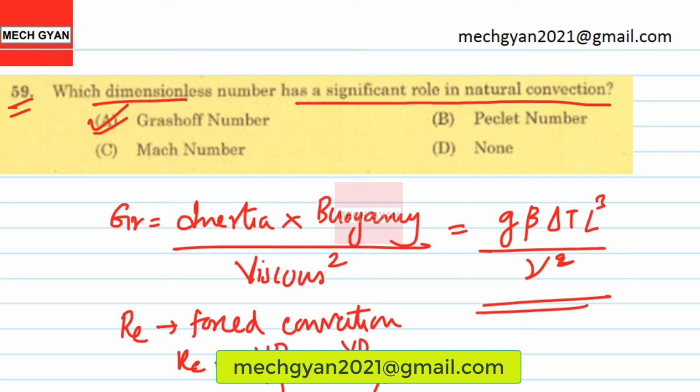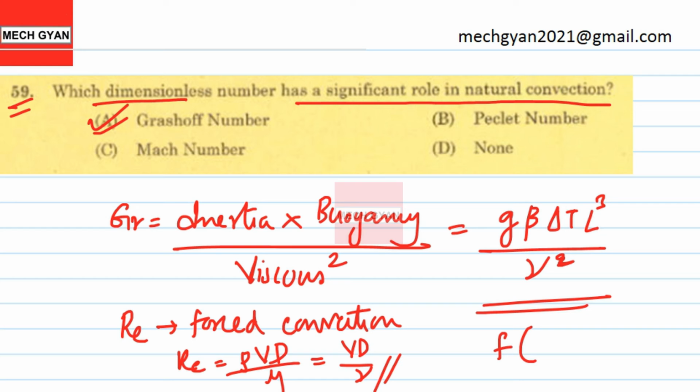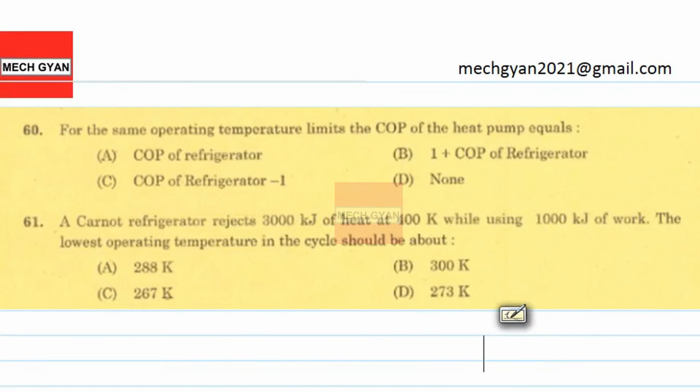For mixed convection, both Grashof number and Reynolds number are significant. So question number 60. For the same operating temperature limits, the COP of a heat pump is, we know that COP of heat pump is 1 plus COP of a refrigerator. So 60, option B is the right answer.